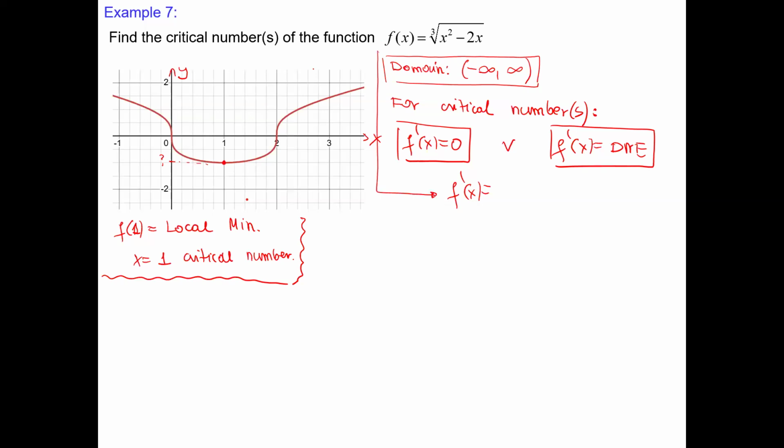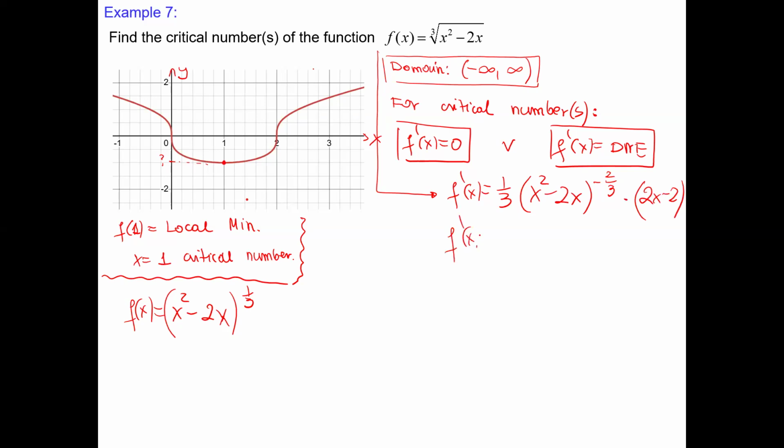The function is the cube root of x squared minus 2x. I can rewrite this function as the quantity x squared minus 2x to the power of 1/3. Let's find the derivative: 1/3 times the quantity x squared minus 2x to the power of negative 2/3, because I'm subtracting 1, times the derivative of the inner function, 2x minus 2.